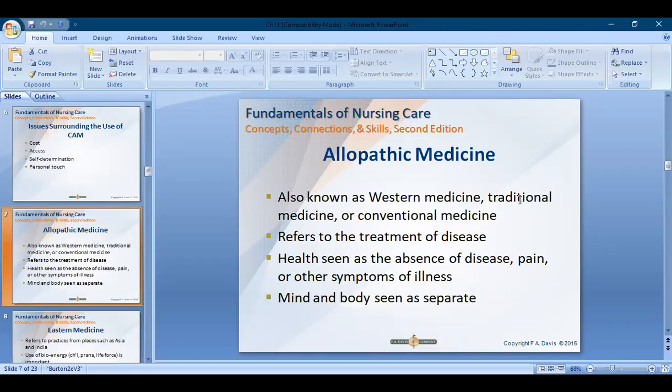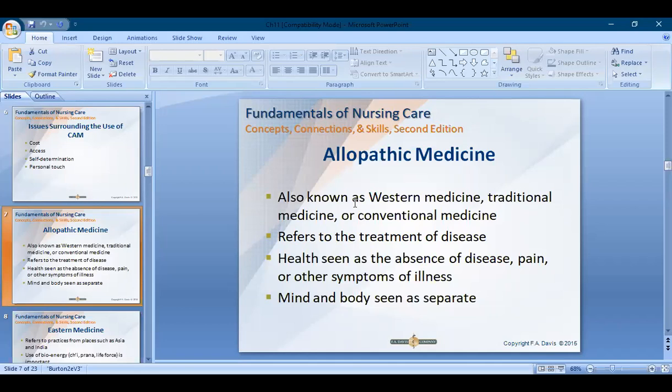Same thing, different names. For example, a patient has high cholesterol and the healthcare provider prescribes simvastatin, a statin, or lovastatin. A hypertensive patient is prescribed a calcium channel blocker or beta blocker like atenolol, propranolol, or losartan. All of these are actually Western or traditional medicine.